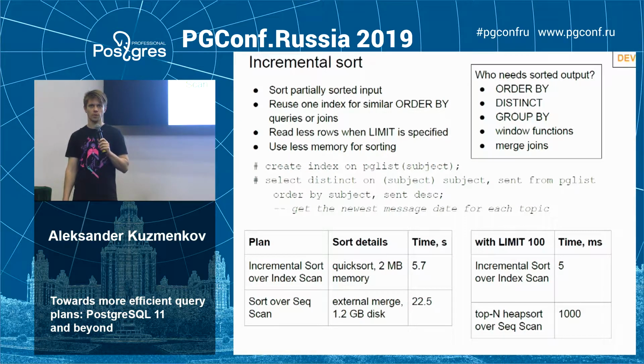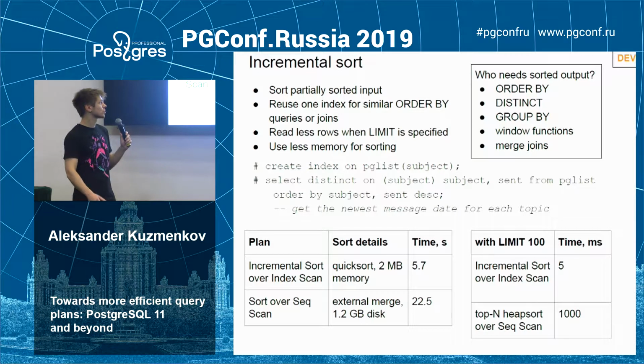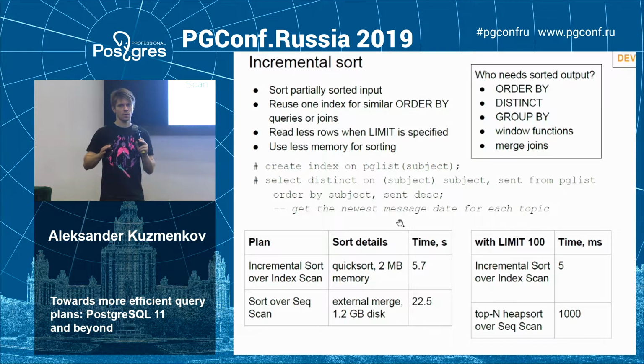This patch is designed to add incremental sorting. If, for example, you have the table sorted by column 1, you can use less memory and sort it by other columns. This is important when the leading column used to sort has an index, and when it's not really unique, when it groups your data.